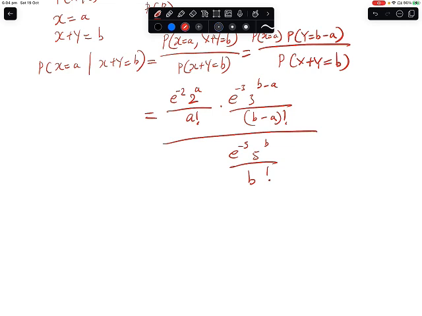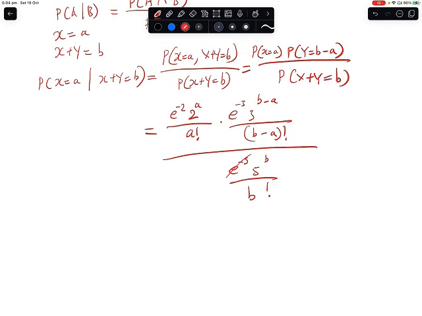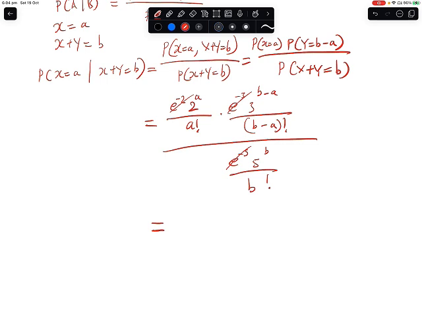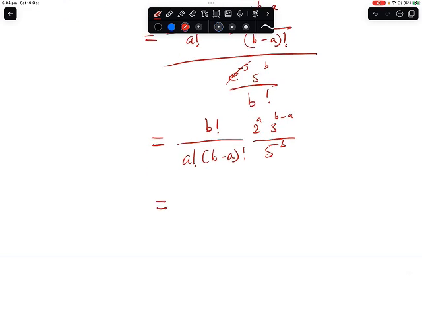We simplify this form. Here the exponential terms can be removed.